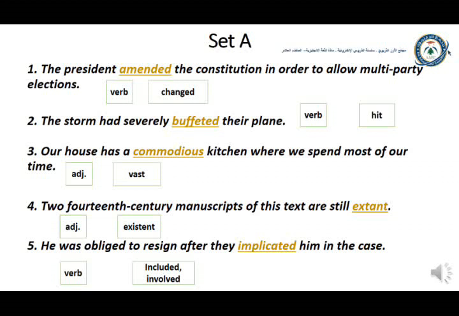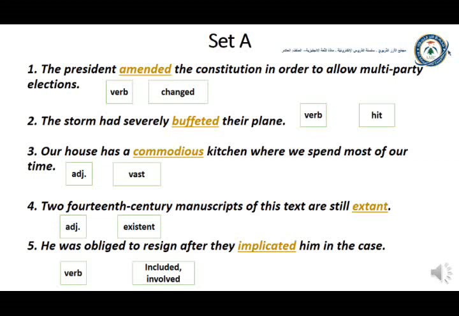2. The storm had severely buffeted their plane. What's the part of speech of buffeted? In this sentence, the subject is storm and the verb is had buffeted. Had buffeted is verb to buffet used in the past perfect tense. So buffet is a verb. Now what are the context clues that help us identify the meaning of the word buffet?